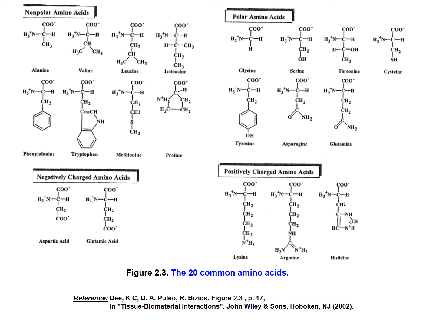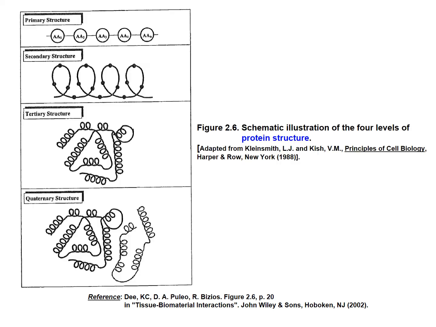Please refer to this table whenever you need to elucidate the specific structure of a particular amino acid and/or confirm the polarity and the negative or positive charge of a respective amino acid.